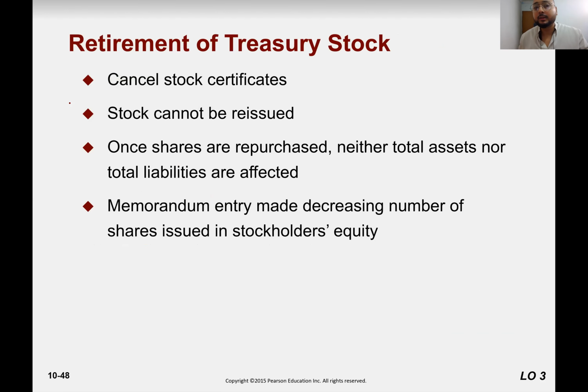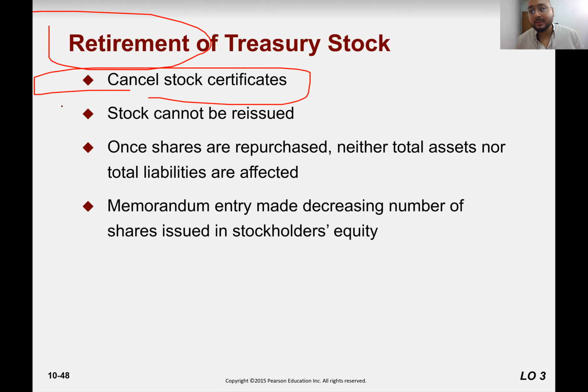So let's move forward. What if we want to retire this treasury stock? For example, we buy back our shares and we cancel the shares. We have no intention to float this in the market or sell in the market. So first of all, we need to cancel the stock certificate, which means this stock cannot be issued ever. So once shares are repurchased, neither total assets nor total liabilities are affected.